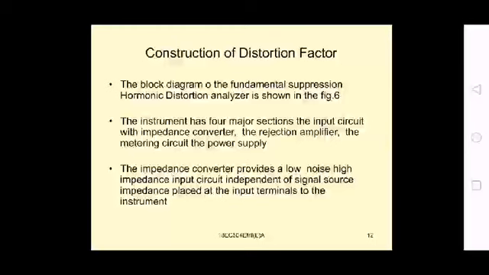So whatever the signal source will be there, the impedance converter provides a low noise, high impedance input circuit, which is independent of the signal source impedance placed at the input terminals of your instrument.